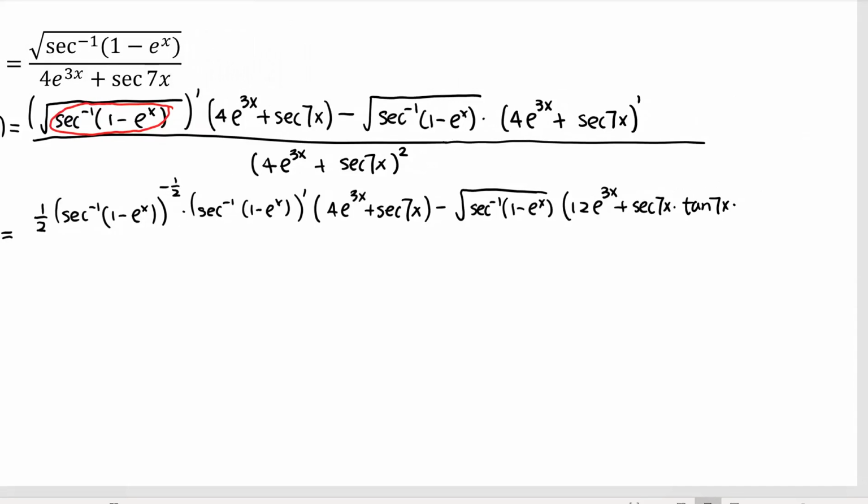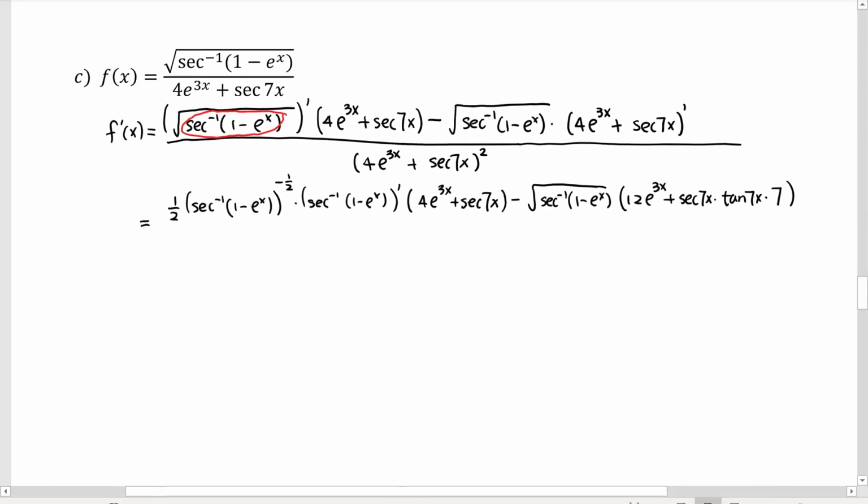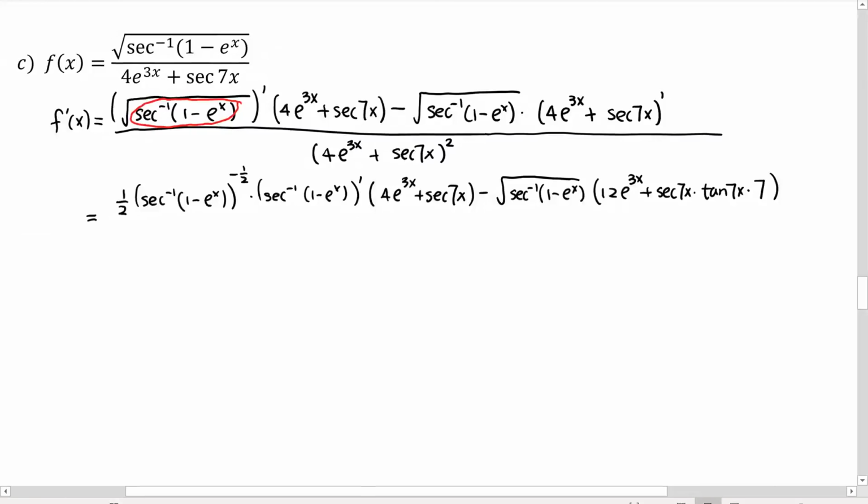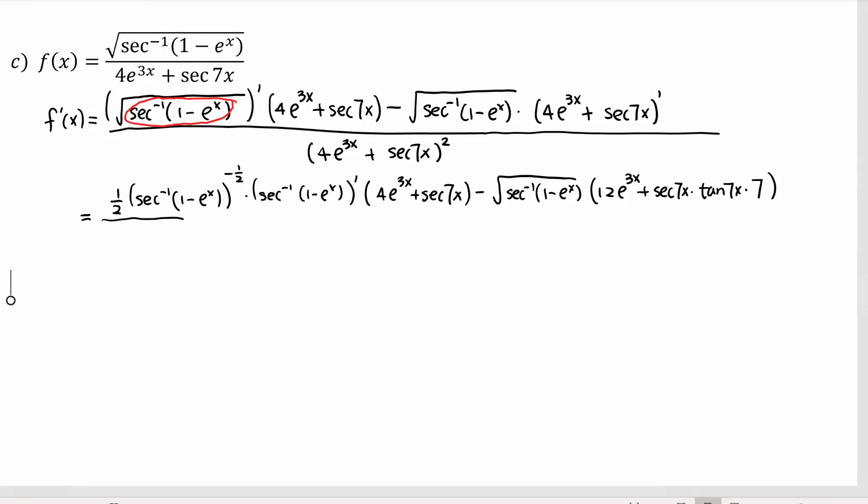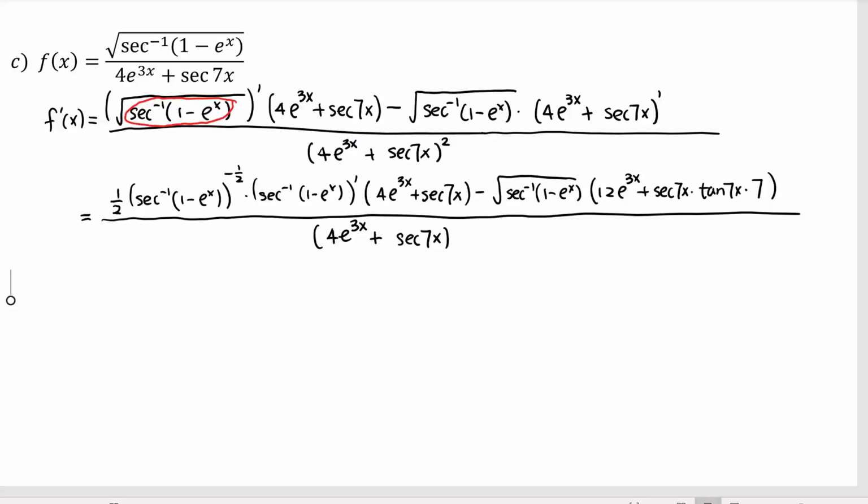Derivative of 7x is 7, right? And then all over 4e to the 3x plus secant 7x squared. Okay, so next we're gonna continue.